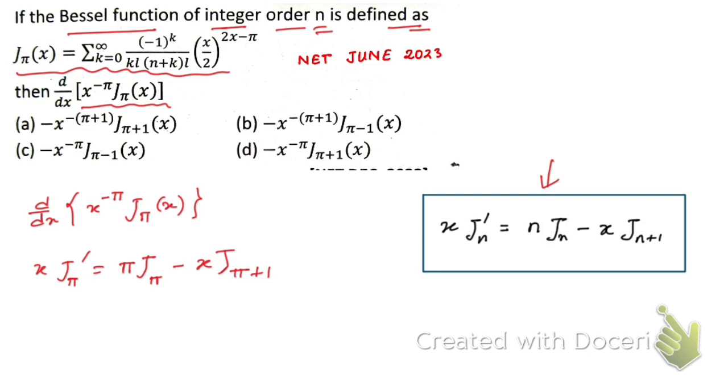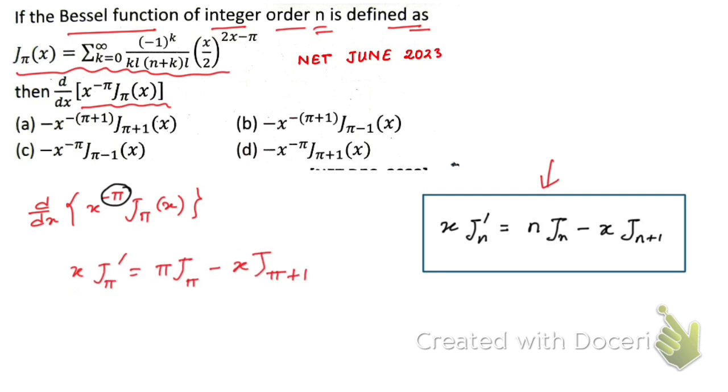Now you see, as we have minus n, let me multiply both sides of this formula by x to the power minus n minus 1.